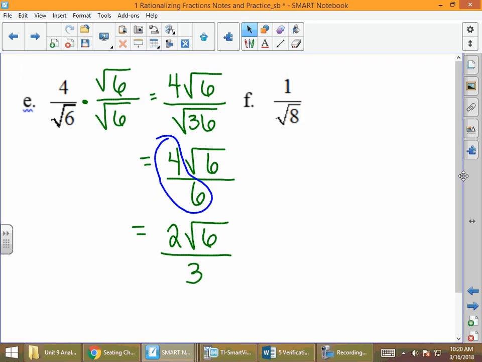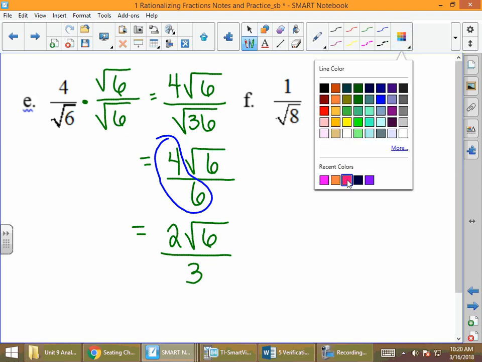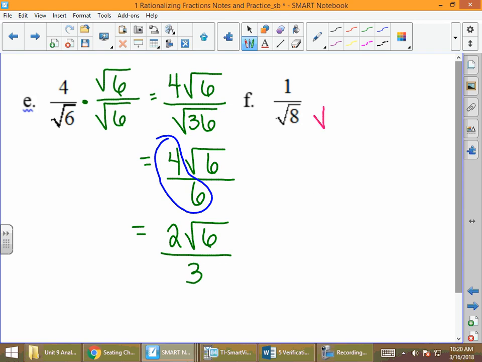Letter F. Getting rid of the radical in the denominator, we want to multiply the bottom of the fraction by the square root of 8 and the top of the fraction by the square root of 8.